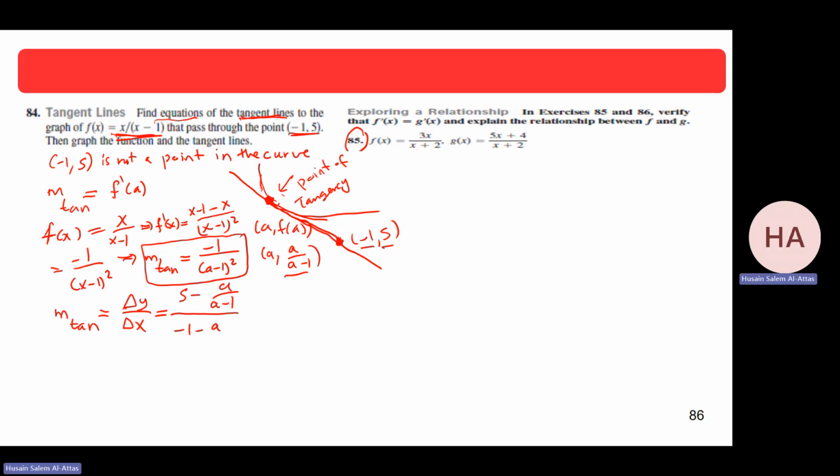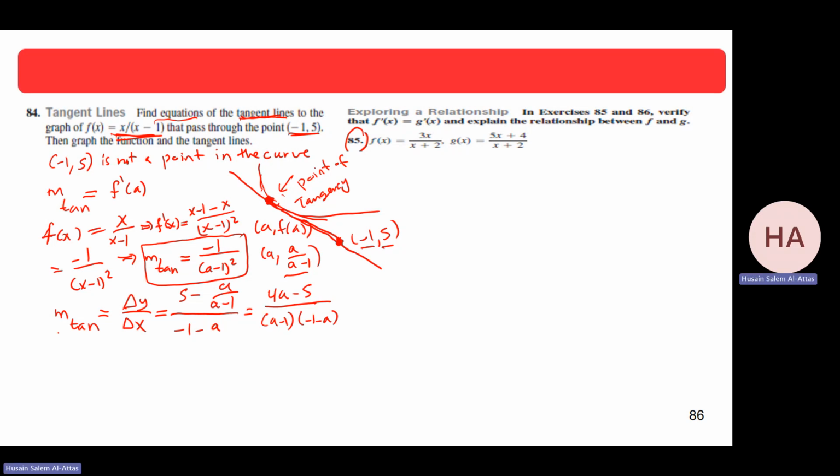This kind of calculation, you need to simplify it. We'll get 5A minus 5 minus A, which is 4A minus 5, over, down we have (A minus 1)(-1 minus A).